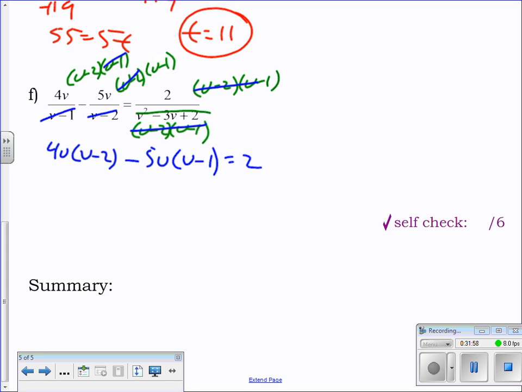Distribute. 4v times v, 4v squared. 4v times negative 2 is minus 8v. Negative 5v times v is minus 5v squared. Negative 5v times negative 1 is plus 5v equals 2. Combine like terms. Negative v squared minus 3v equals 2.